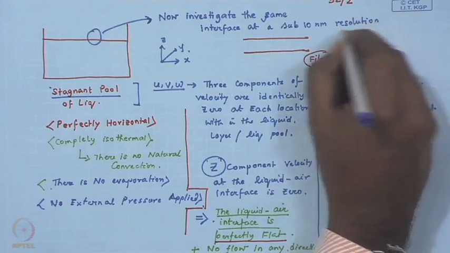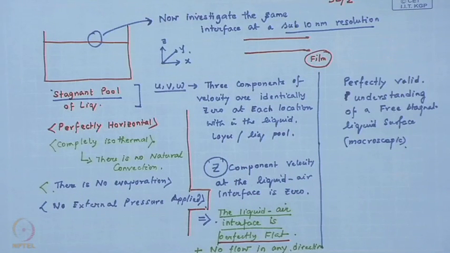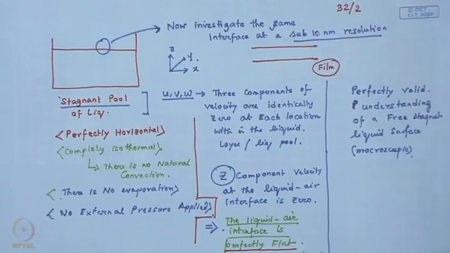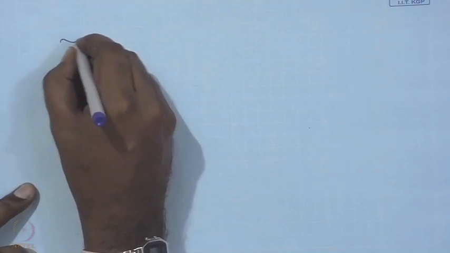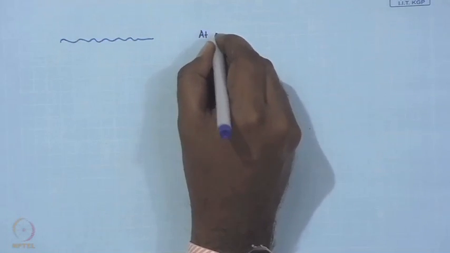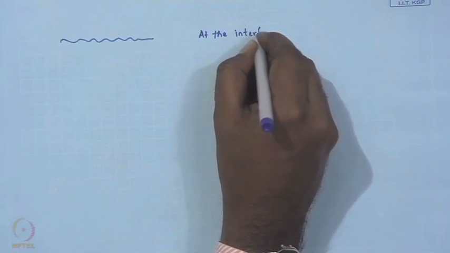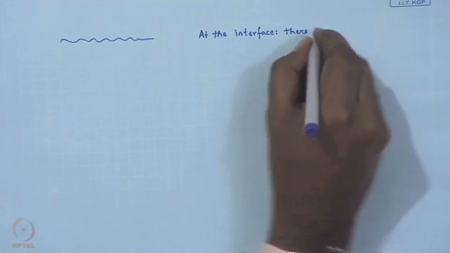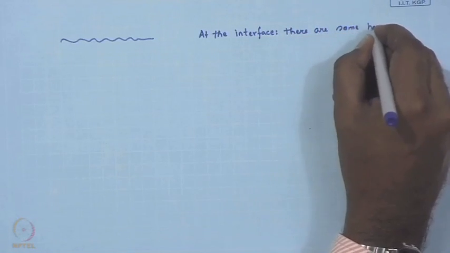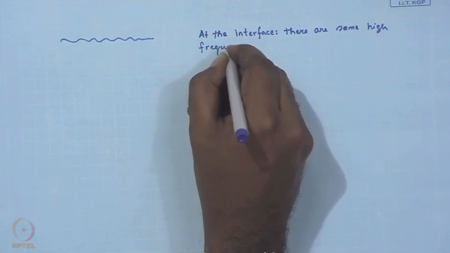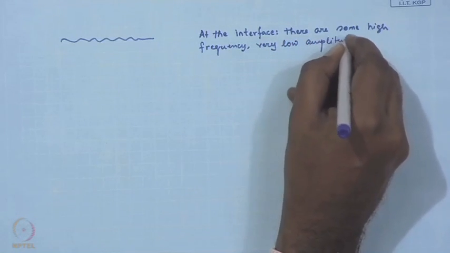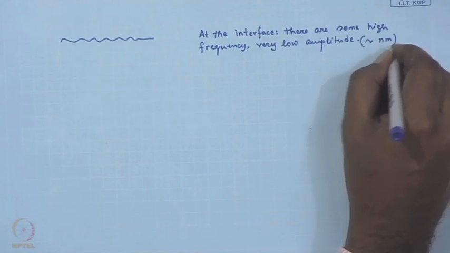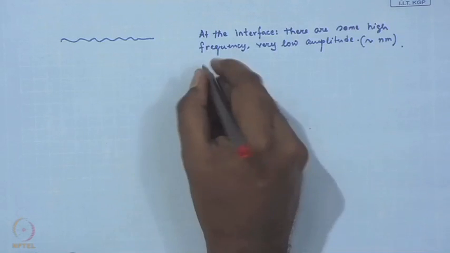It is a little bit of a thought experiment, but if you think you have magnified the interface to a large extent and want to see what is happening, what you will find is that at the interface there are some high frequency, very low amplitude, couple of nanometers oscillation that is taking place continuously.